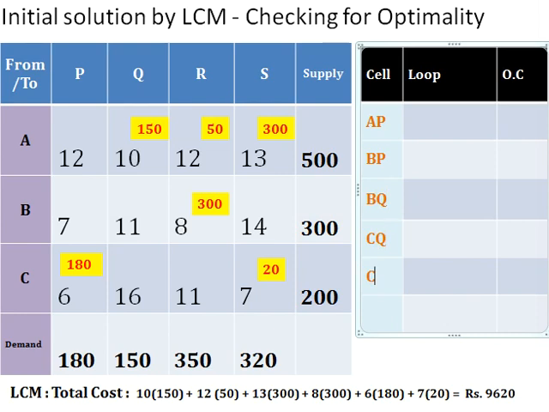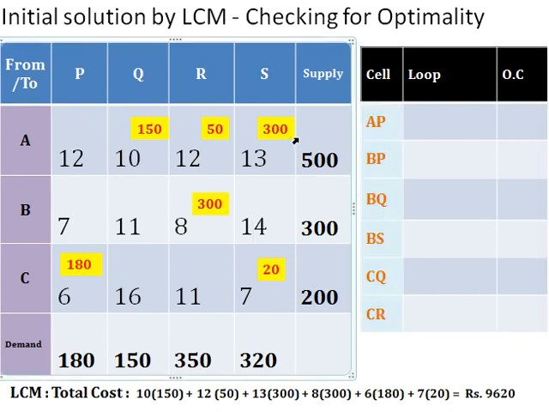Then the next one is CR. We have left one, BS. Okay, so we have written all the unoccupied cells here, as you can observe from this matrix. Now we are going to trace a loop for all these unoccupied cells.